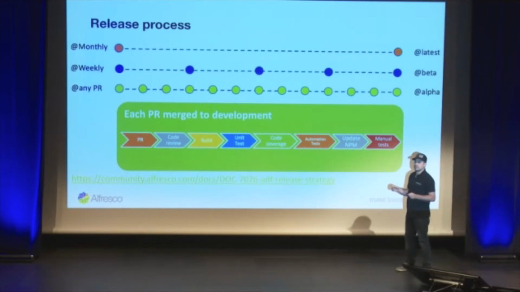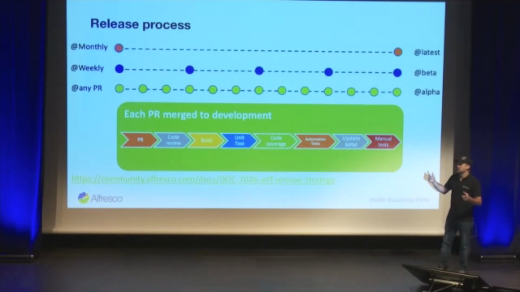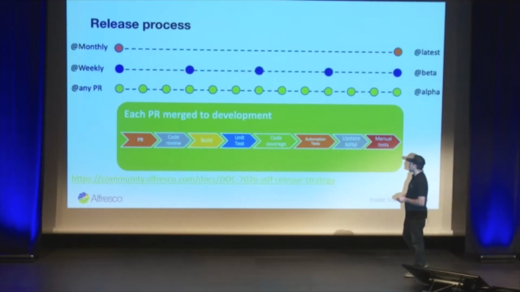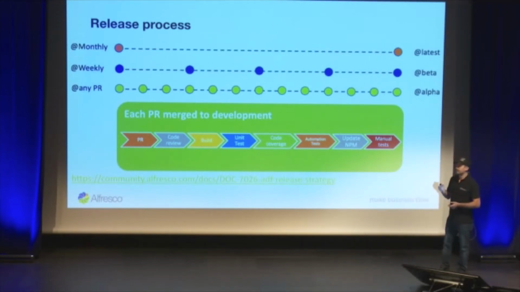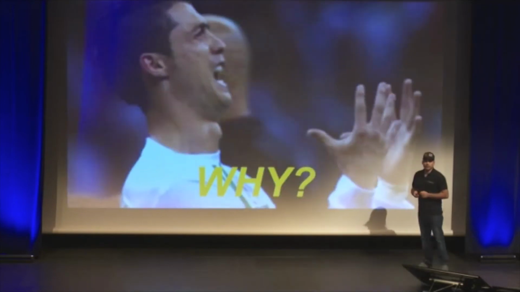And every month, which is the length of our release, we do the normal release that follows semantic versioning. These are the steps that we usually go through: the peer review system, unit testing, manual testing, automation testing, all the things to make sure that it's consistent. So why should you use it?